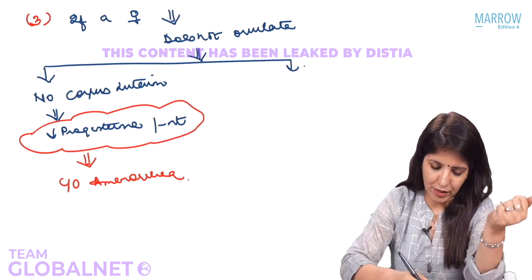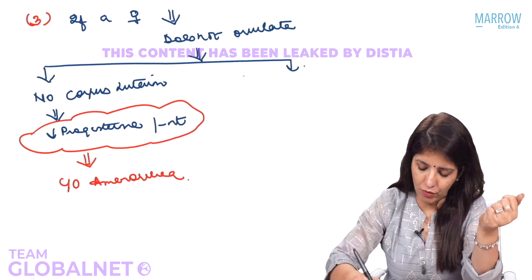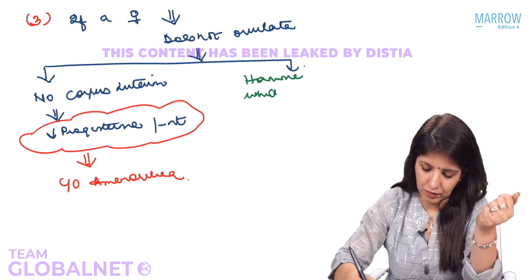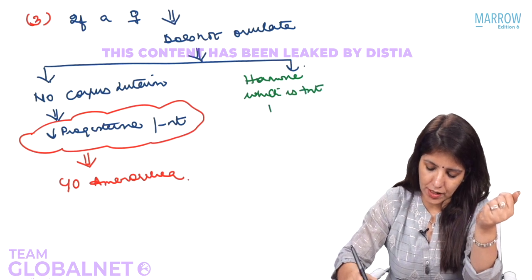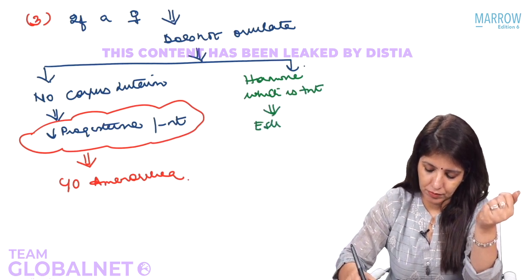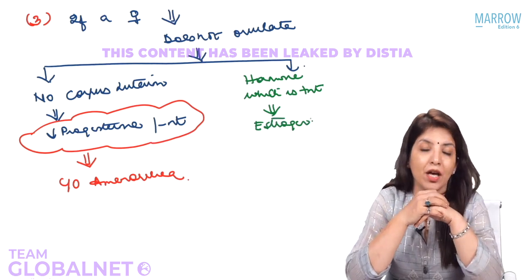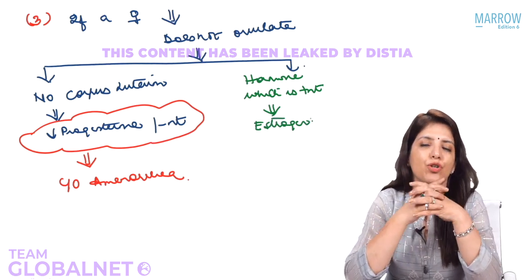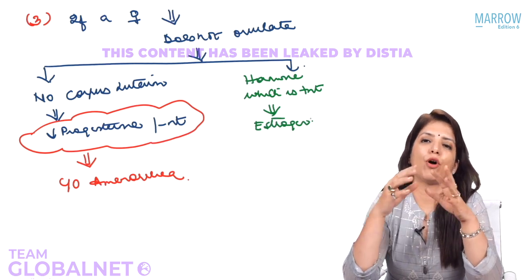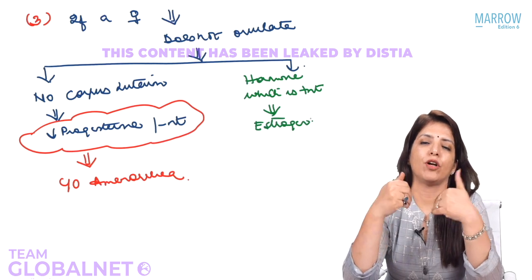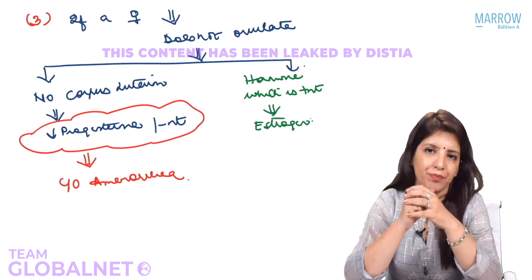So if she is not ovulating, the hormone which is present in her body is estrogen, right? So now, what does estrogen do? Estrogen proliferates the endometrium, right? So this estrogen will proliferate the endometrium.